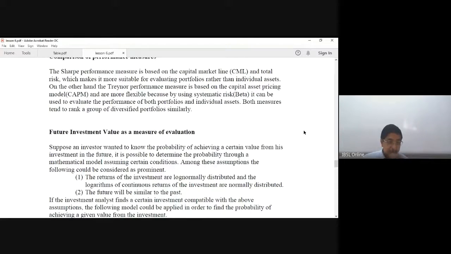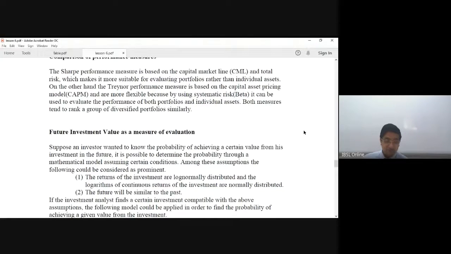And under this measurement, what you can do is you can see what is the probability of achieving 3 times of your investment, or a gain of 3 times of your investment after 10 years.